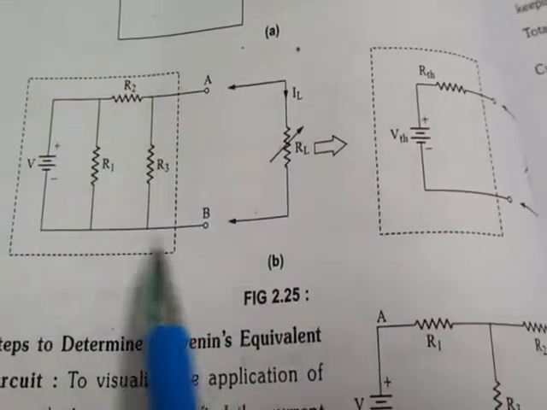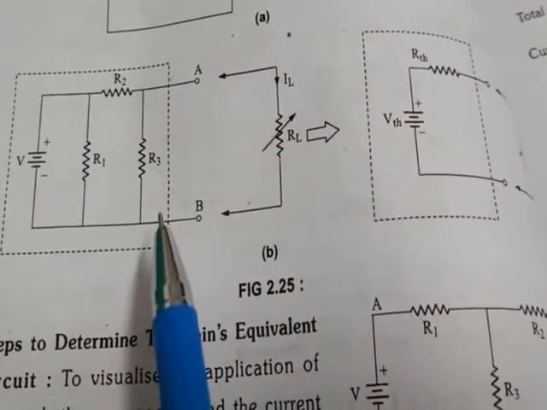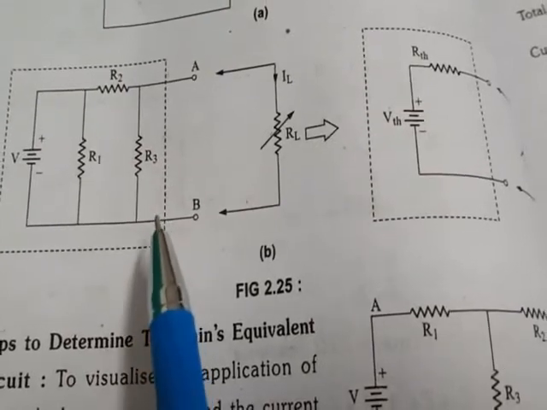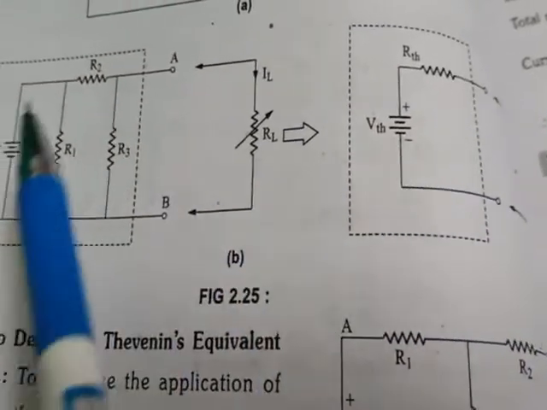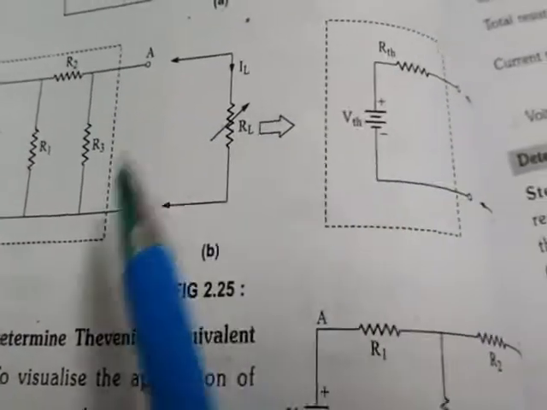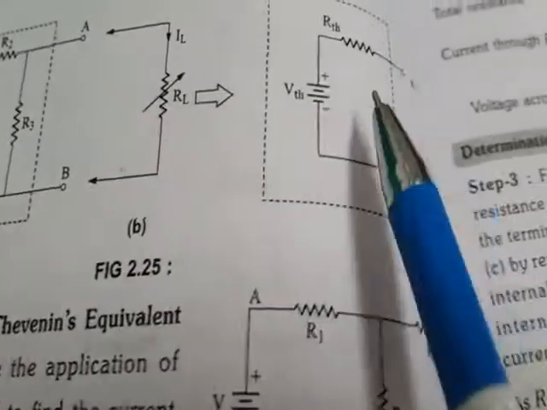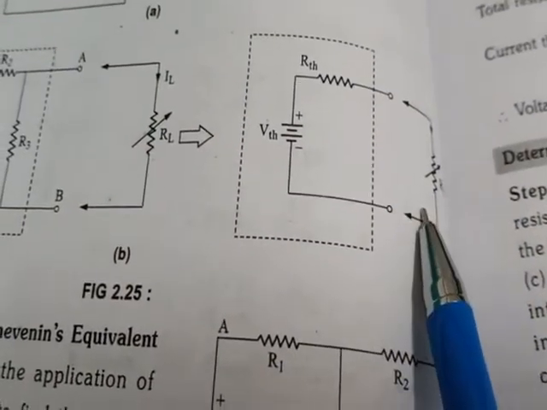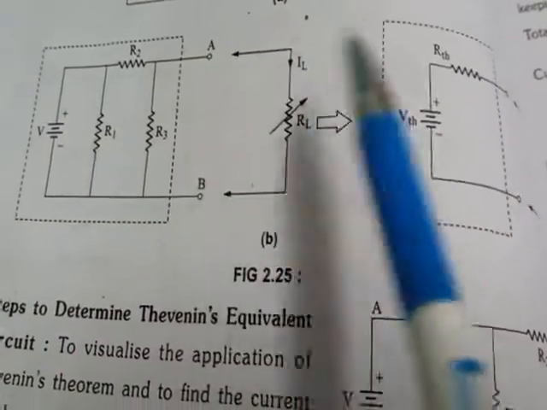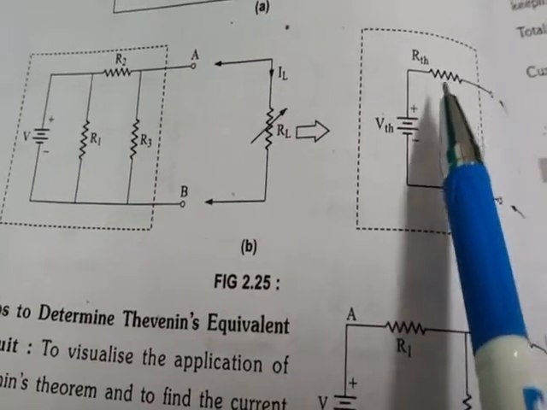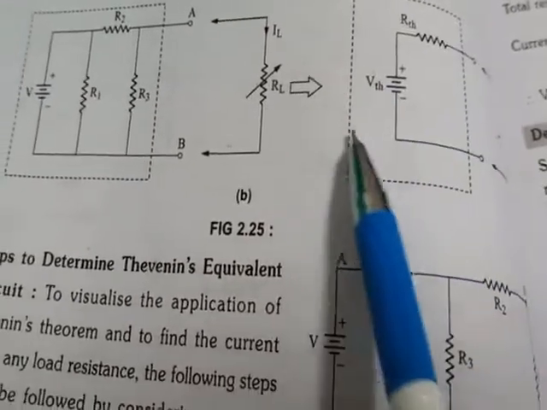This circuit has to be solved by applying Thevenin's theorem, and we have to draw its equivalent circuit consisting of a single voltage source called V Thevenin, and from that network you have to find R Thevenin, with terminals A and B as they are and the load resistance. So this network has to be solved in order to get a voltage source connected in series with a resistance, that is RTH.